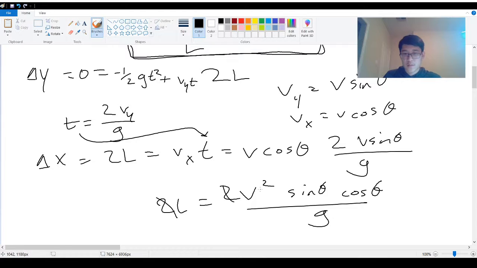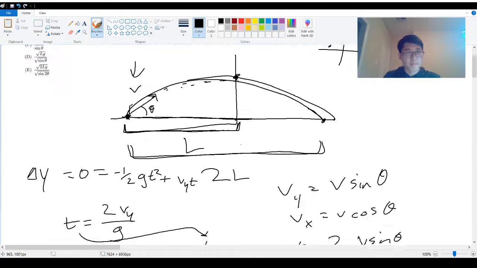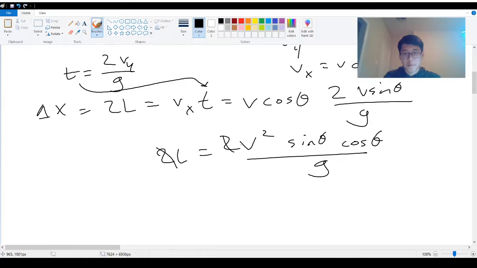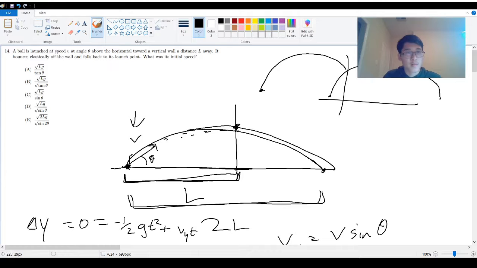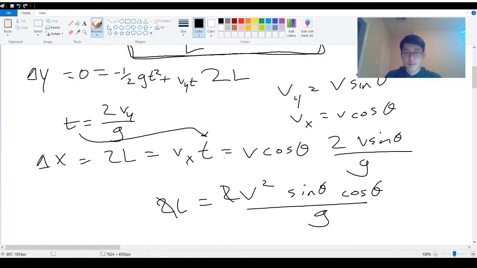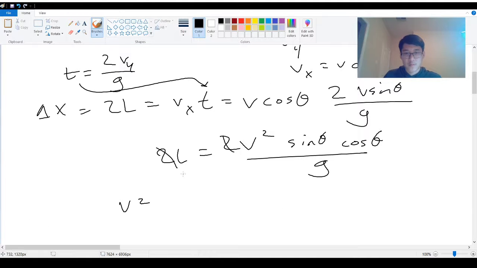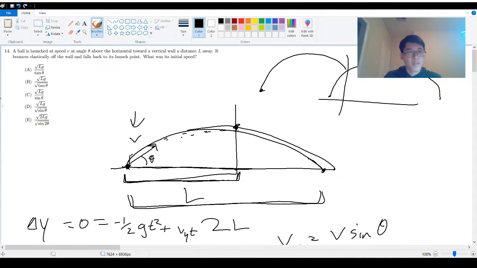Quickly cancel this out, and now we can isolate v because the question's asking for what is the speed v. So v squared is equal to g times L divided by sine theta cosine theta. So that means v is equal to the square root of this.